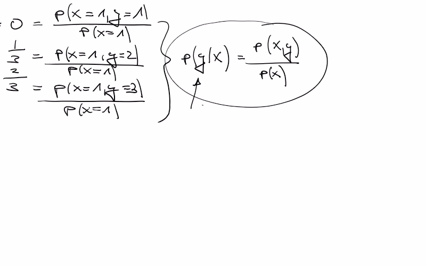All of these you can compute based on the definition of the joint distribution. Of course, that needs to be there. If the joint distribution is not defined, you have no chance of computing a conditional probability distribution.